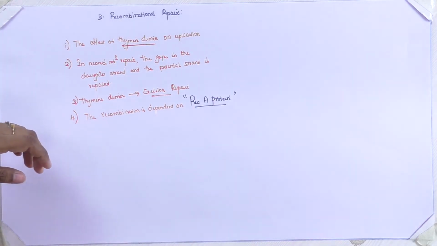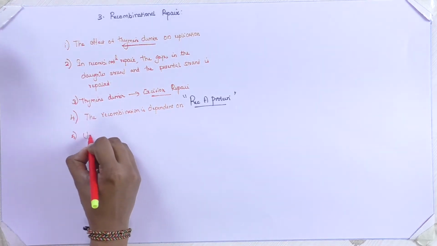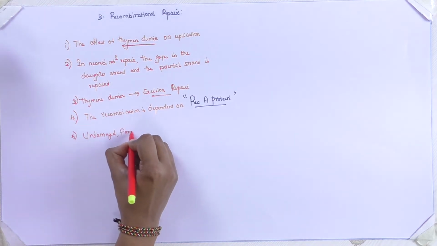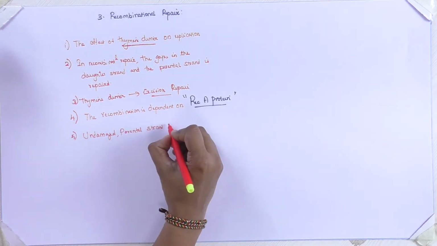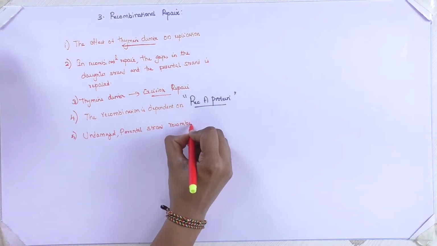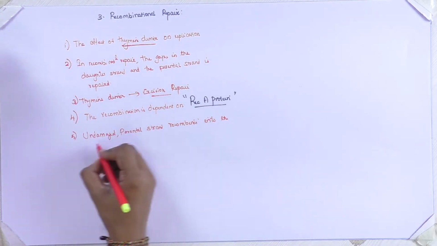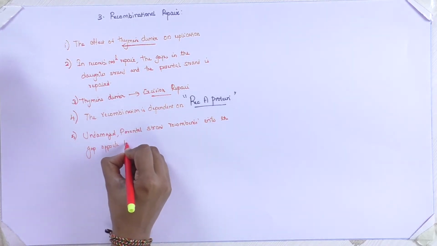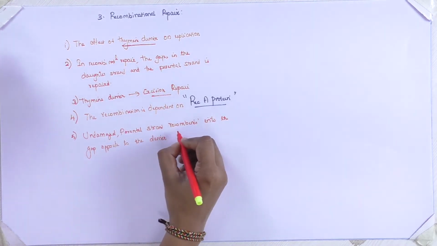Now, once this is involved, the undamaged parental strand recombines into the gap opposite to the dimer. So once the dimer is removed, there is a gap, and that will be recombined.